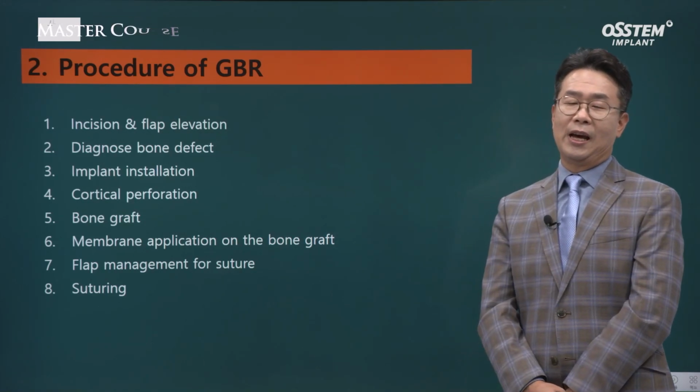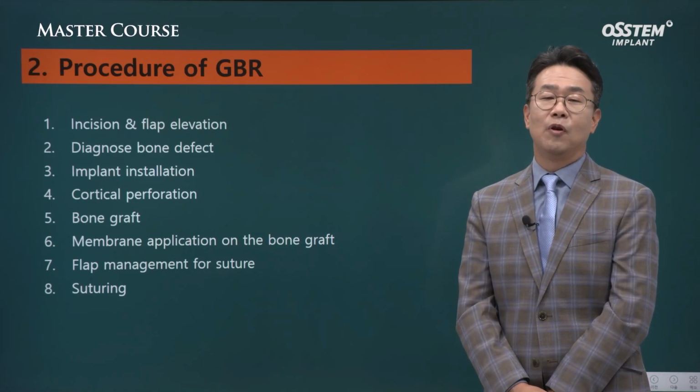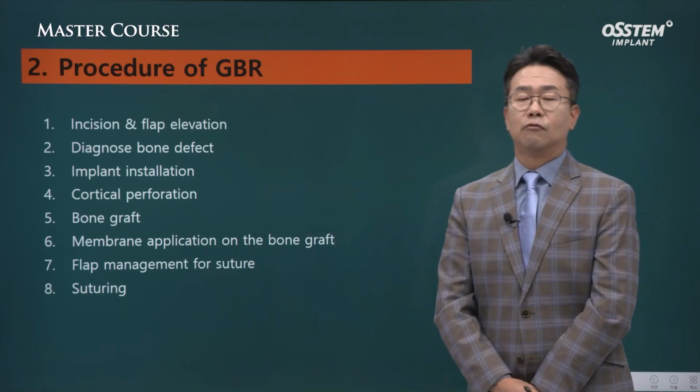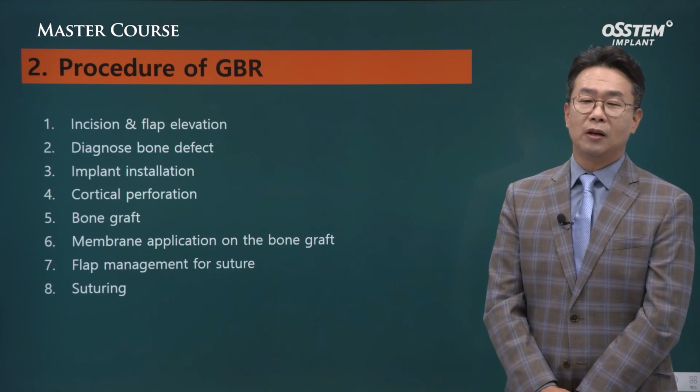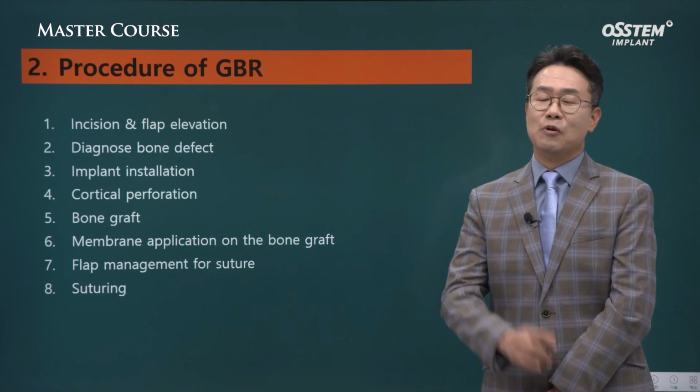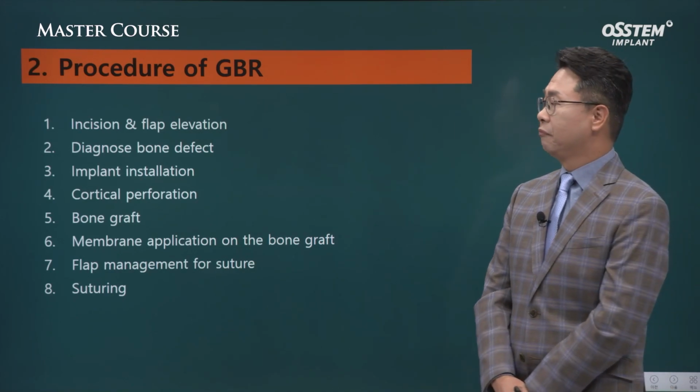How should we perform GBR in order to get good results? Let's look at it briefly. As a joke, I say you open the door and close the door to put the elephant in the fridge.